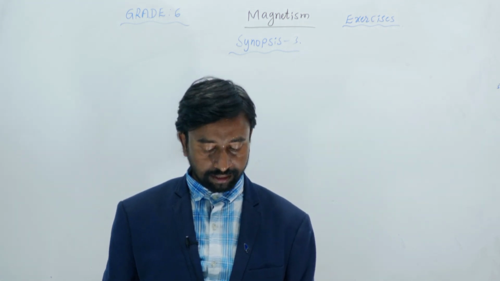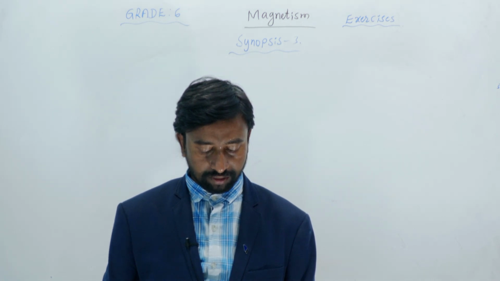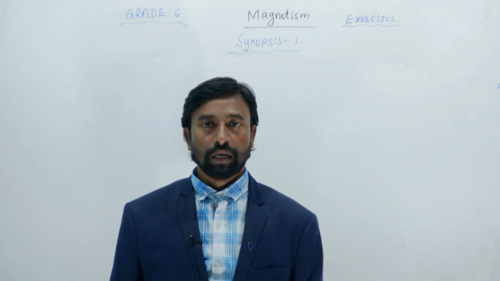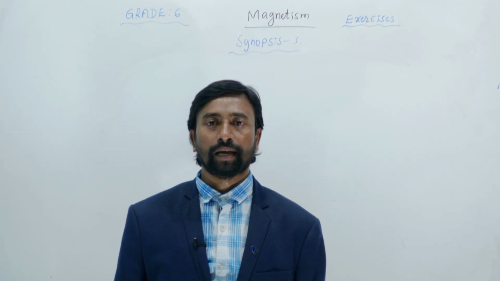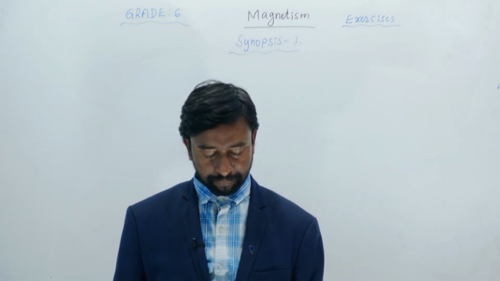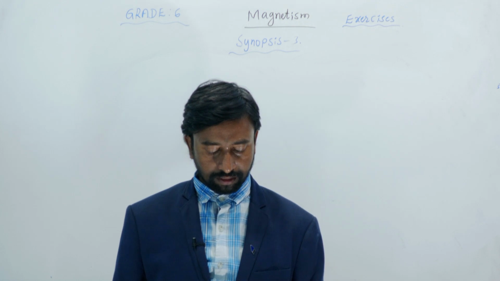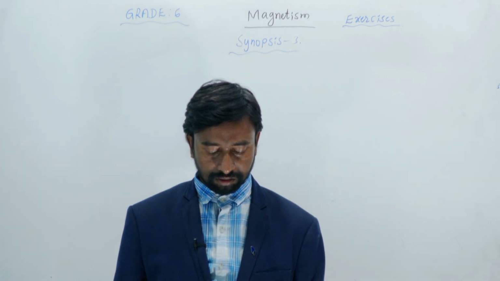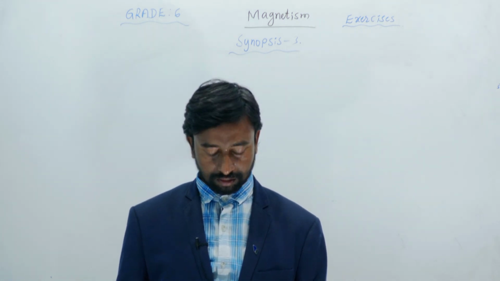And the third one: a tiny magnet always has two poles. Any magnet has two poles because a magnet has the pair pole property. And the fourth one: the substances that cannot be magnetized or attracted by a powerful magnet are known as non-magnetic materials. Here we can also see diamagnetic materials.